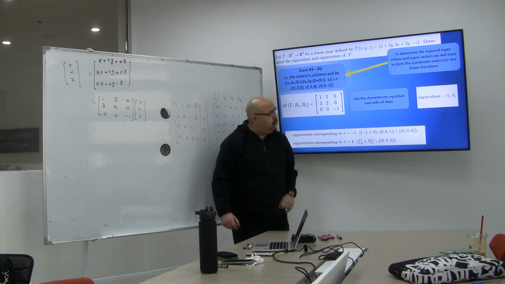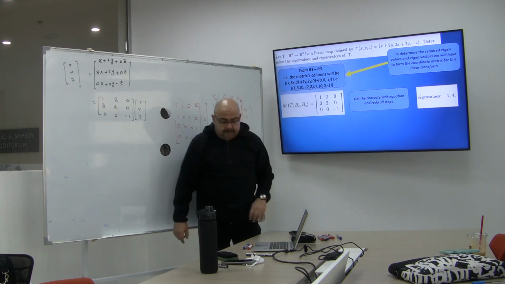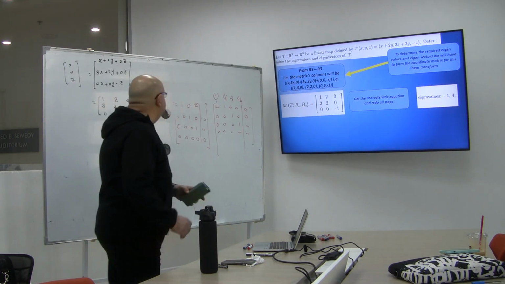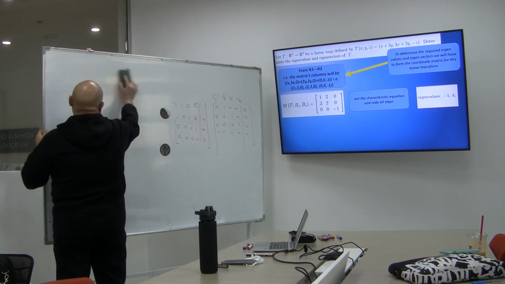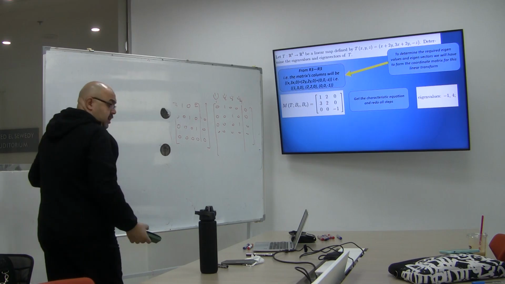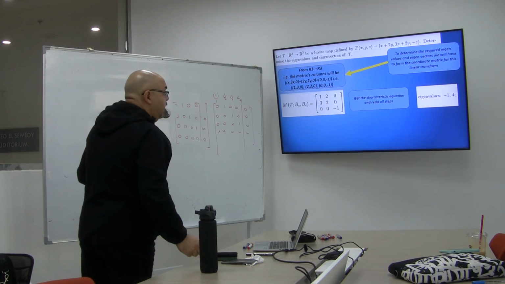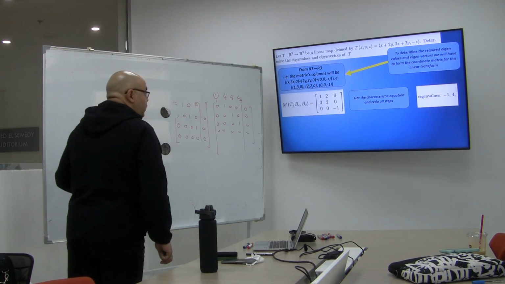I would like to show you how to get the eigenvector here for you and for your companions. It's very, very simple also in order to evaluate the eigenvectors relative to this equation.